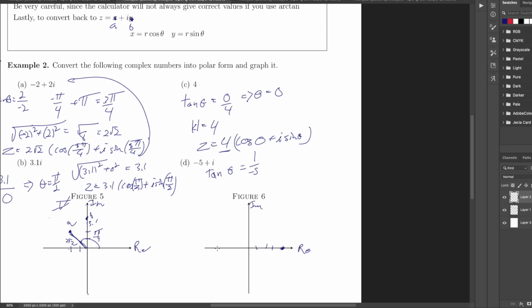So here is where I'm graphing d, and this is c, right? And so notice again, you're going to plug this into a calculator, you're going to get some negative number, then you have to add pi to that number. And after you add pi, you're going to get theta is equal to roughly 2.94. Okay? This is 2.94.